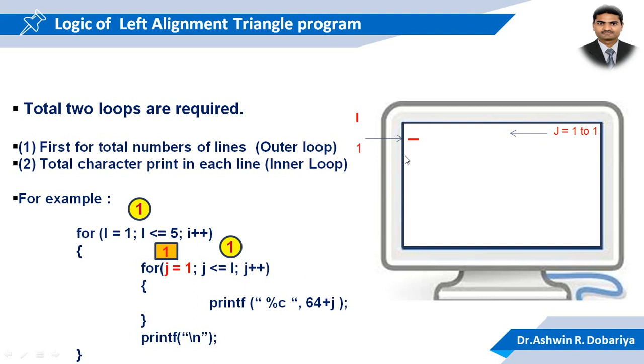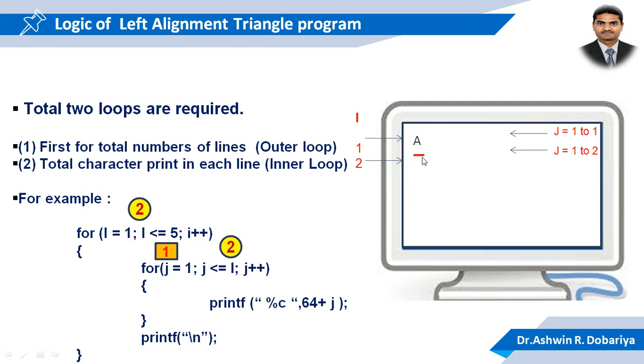It means we are printing the first line. j is 1, so 64 plus 1 becomes 65, and the character of 65 is capital A. The cursor moves to the next position, then j is incremented by 1 and becomes 2. Now this condition becomes false. Then we want to move the cursor to the next line, so after this loop it will execute the slash n. Again i is incremented by 1, so i becomes 2.